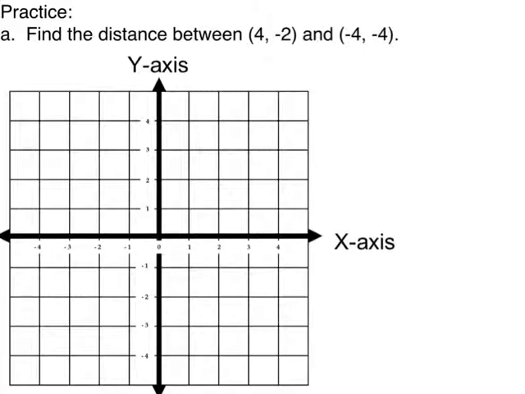A says find the distance between (4, -2) and (-4, -4). The first thing you have to do is graph those points and then draw your triangle off of it. So 4, -2 is over 4 and down 2, which would be right here. And (-4, -4) is down 4, 1, 2, 3, over 4.